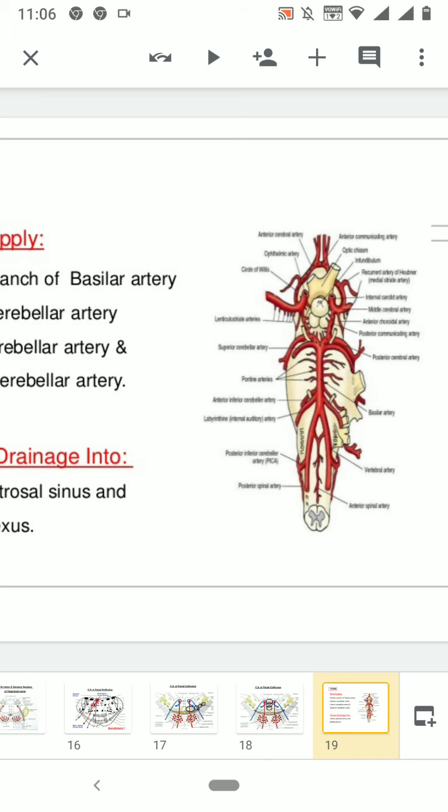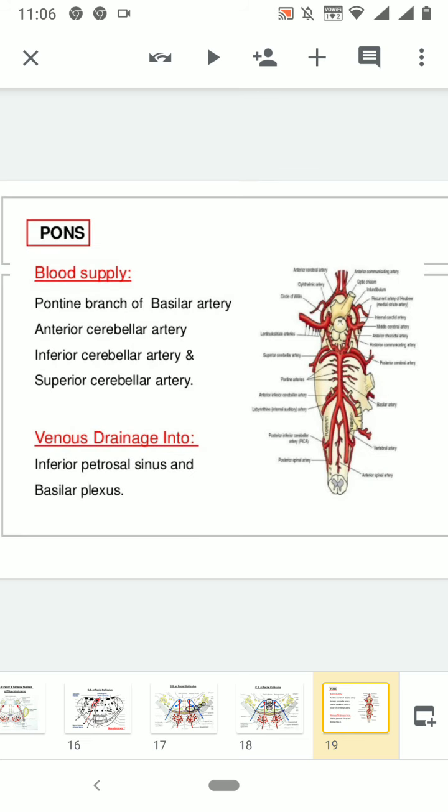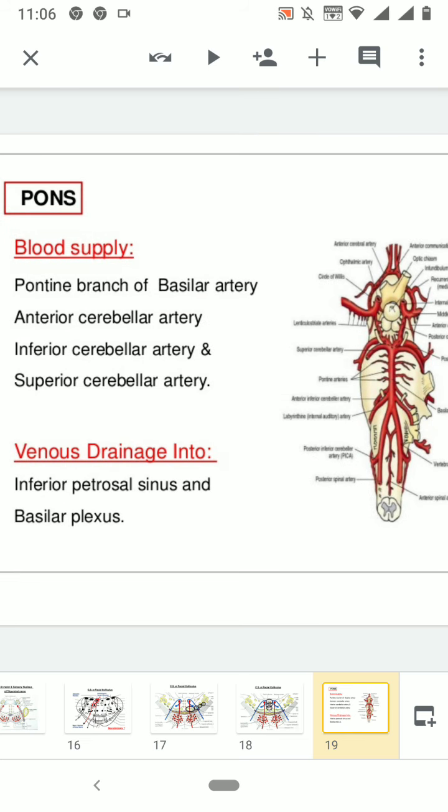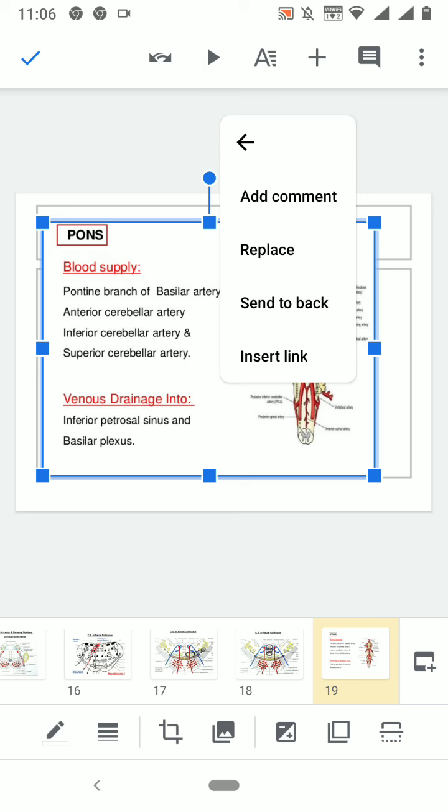Also, at the upper border of the pons, the basilar artery gives rise to the superior cerebellar artery, which also takes part in the blood supply of the pons. Now what about the venous drainage? It drains into the inferior petrosal veins and the basilar plexus of veins.